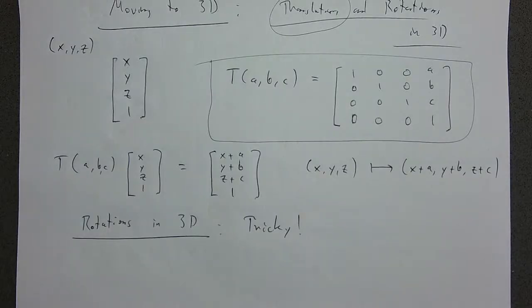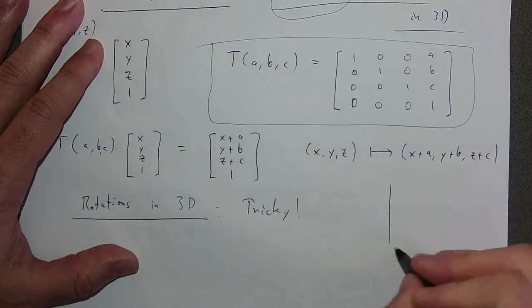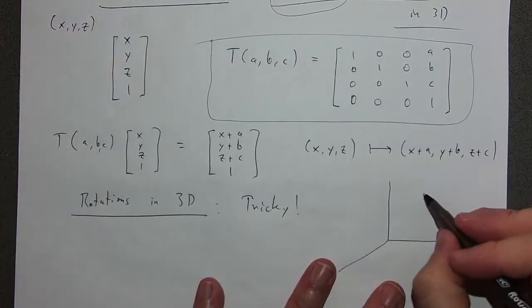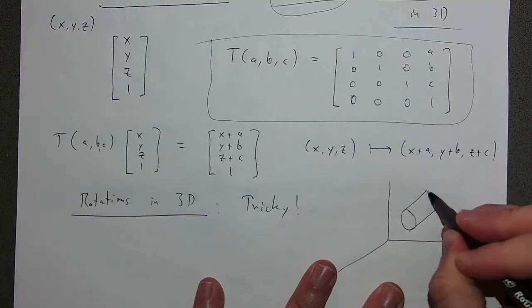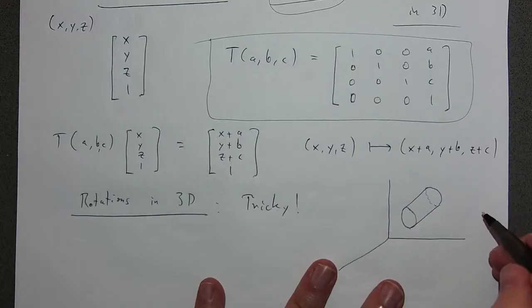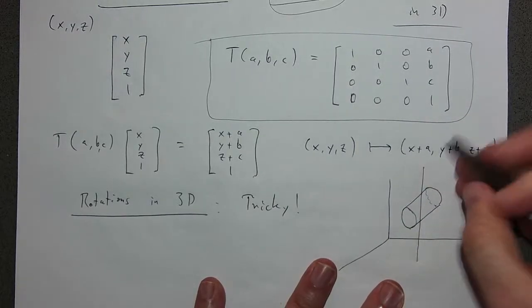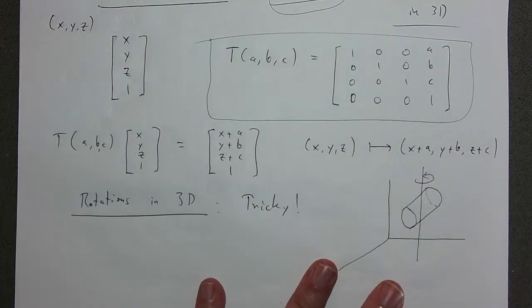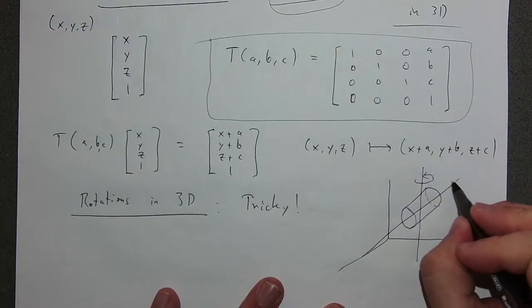So you have some object here, maybe like a cylinder, and maybe you're rotating it with respect to this line.